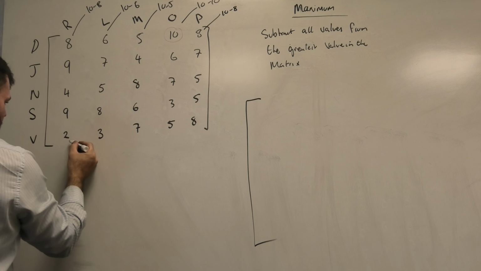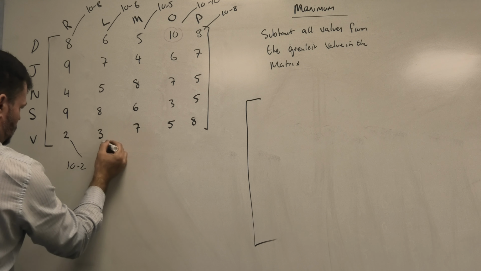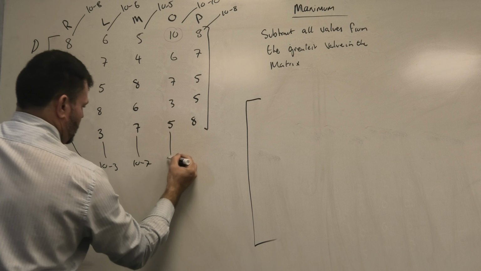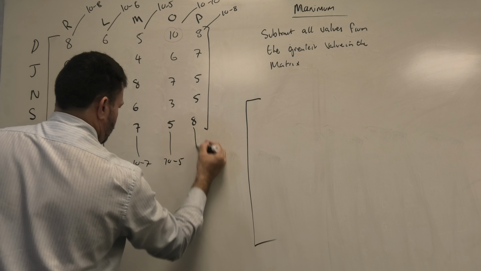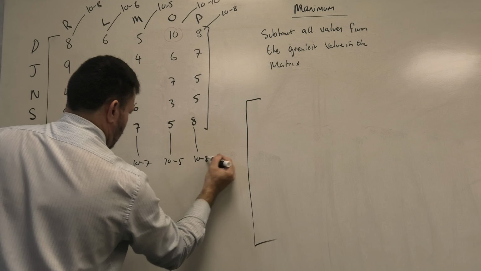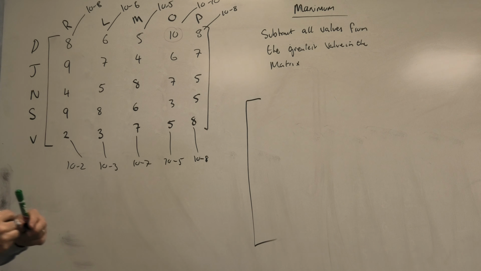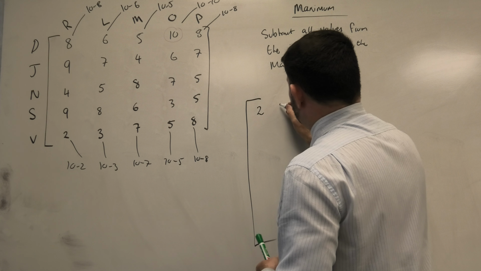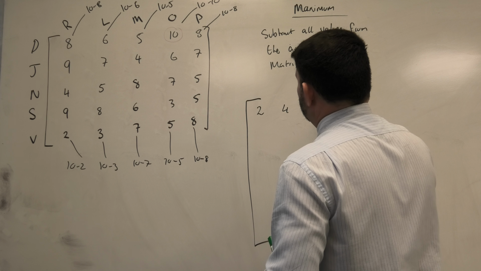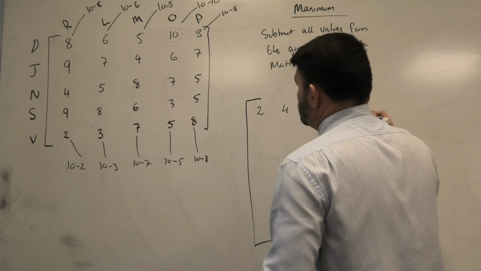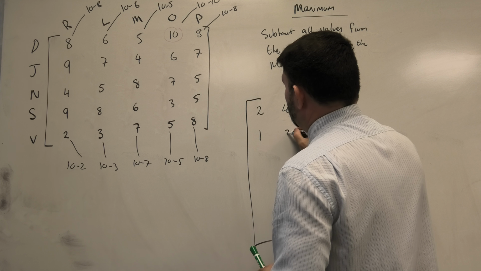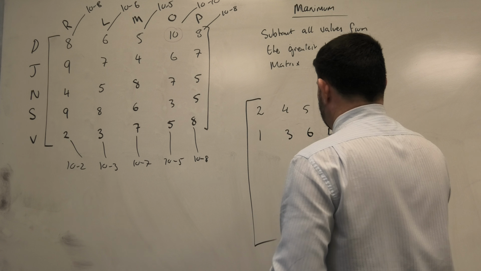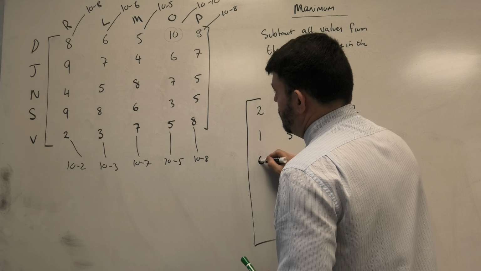Same thing down here. 10 minus 2, 10 minus 3, 10 minus 7, 10 minus 5, and 10 minus 8. And you do it for every single number. Okay? So in this case here, we end up with 2, 4, 5, 0, 2, 1, 3, 6, 4, 3.